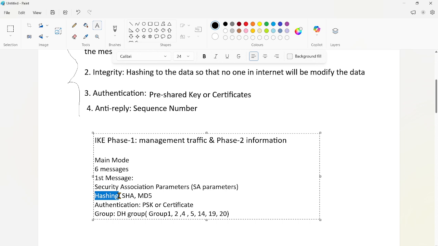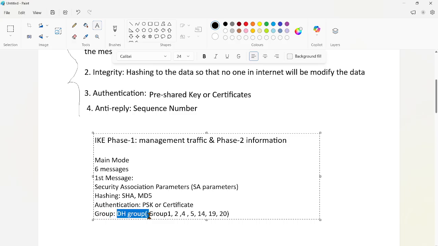But as technology evolves, multiple tools are introduced, and hackers use advanced tools to crack or capture your data, see what lies in it, and try to modify it. So in addition to hashing, they introduced the DH group.